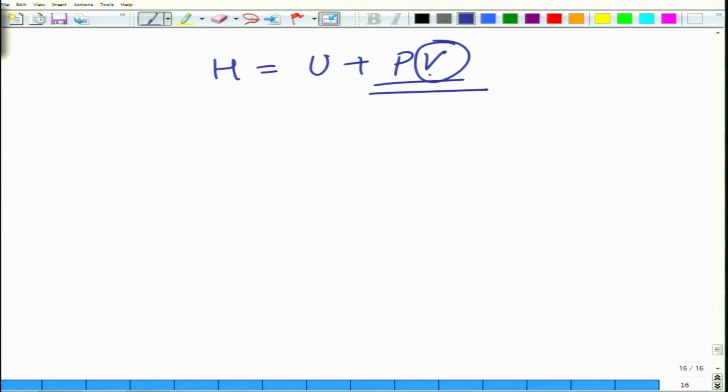If you have two phases, the phase with a smaller volume will be preferred as compared to the phase with higher volume, and this is because of the corresponding changes in enthalpy. The phase with lower volume will have lower enthalpy as compared to the phase with higher volume. So, more negative or lower enthalpy will be preferred as compared to the other phase.